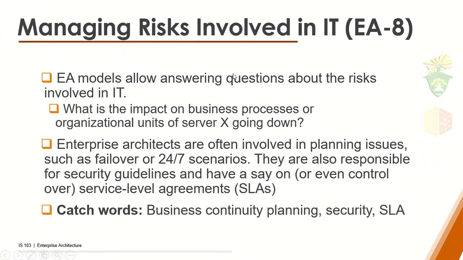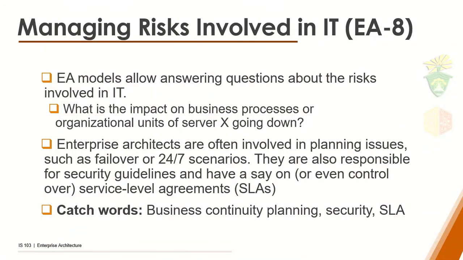enterprise architecture core activity is managing risk involved in IT. So this involves EA models that allows answering questions about the risk involved in IT, like what is the impact on business processes or organizational units of server X going down.